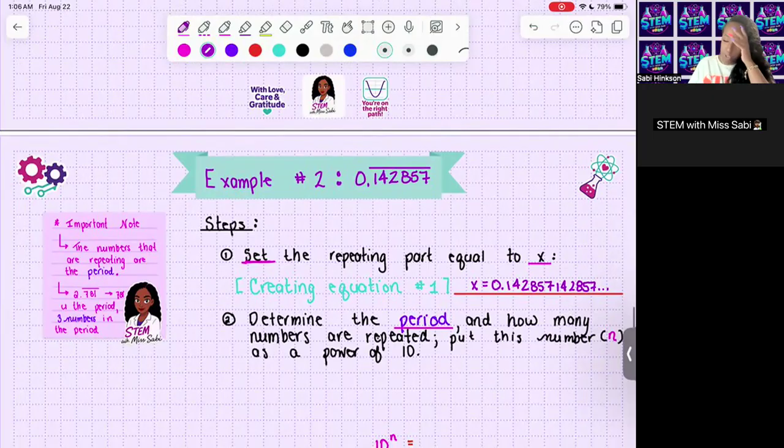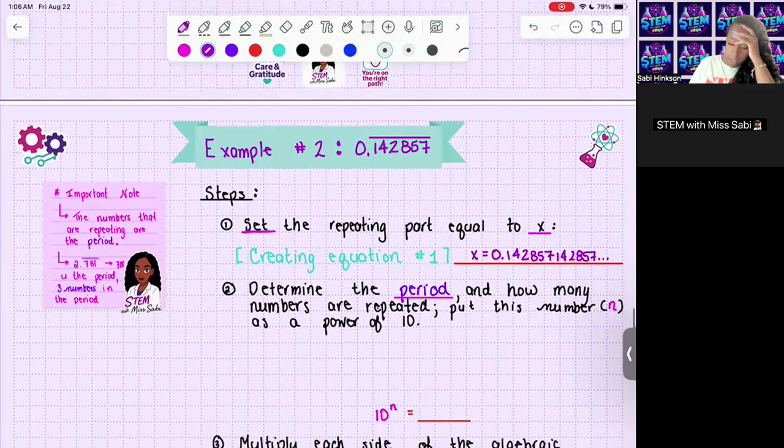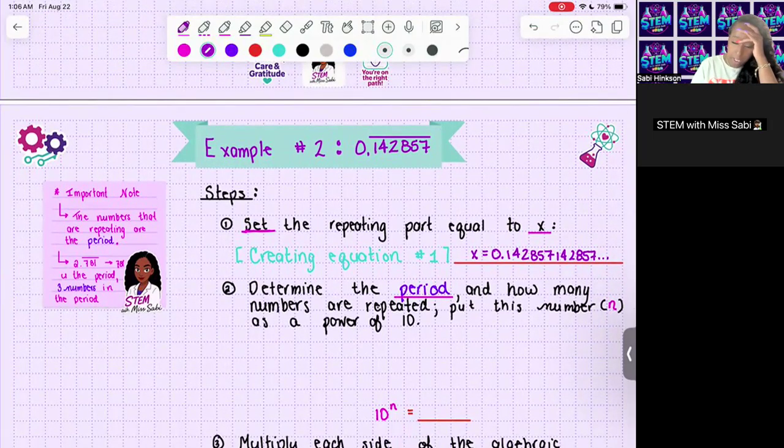Okay, determine the period. So what is repeating is all of these numbers. So the period is 142,857. There are 6 numbers that repeat.